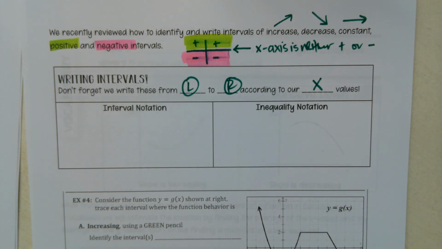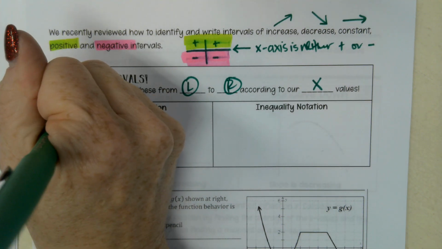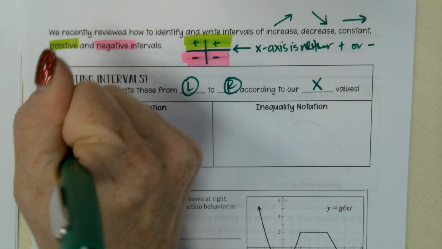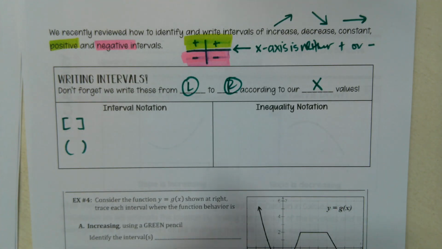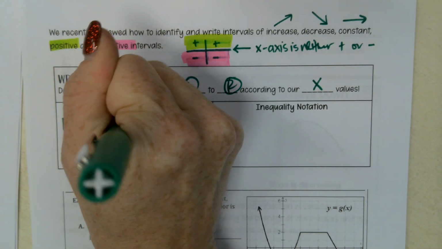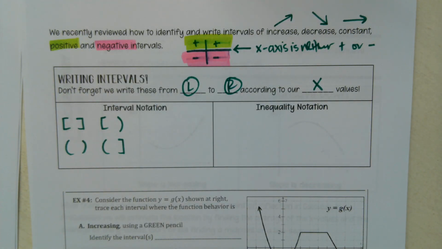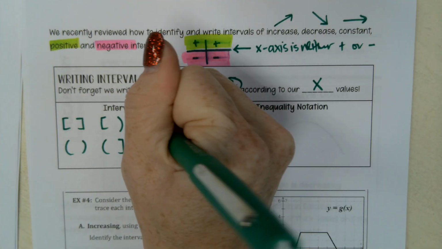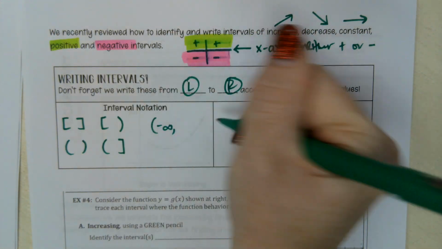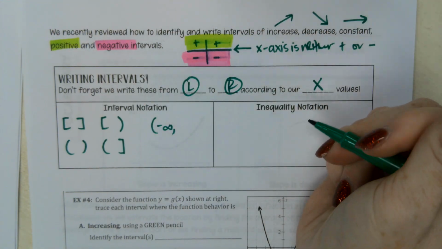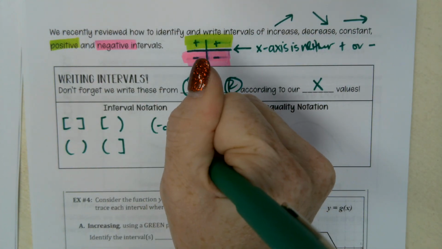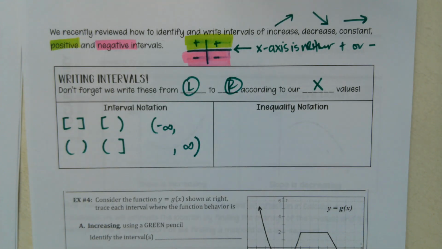Interval notation is where I use brackets or parentheses, or we might have a combination of the two. Also, just a reminder, we will always have a negative infinity on the left and a positive infinity on the right-hand side, because we write everything from least to greatest.